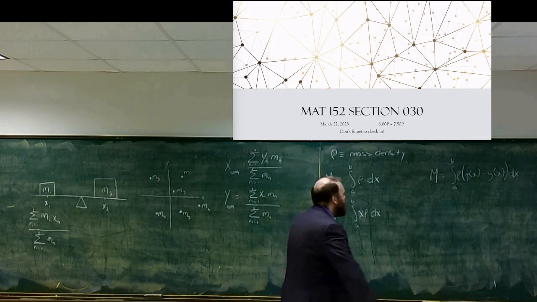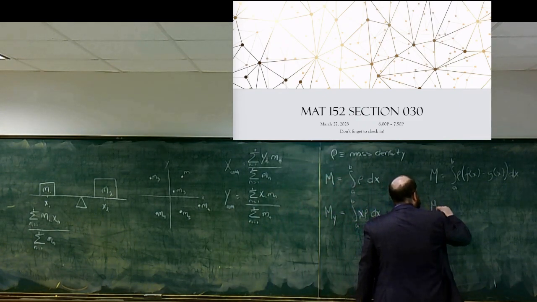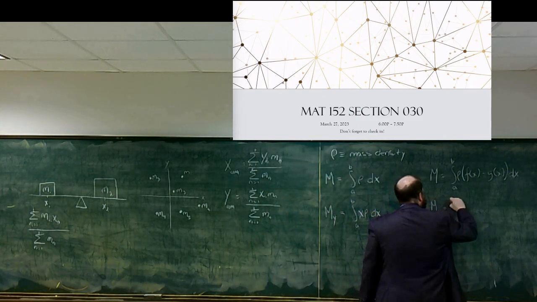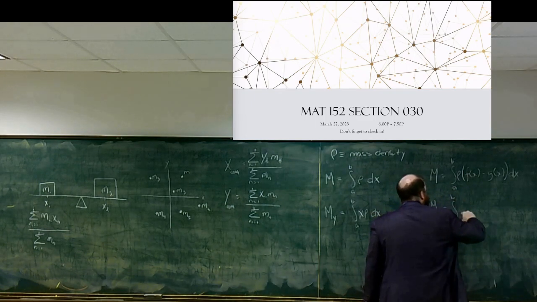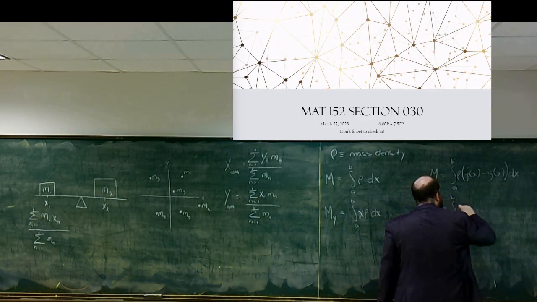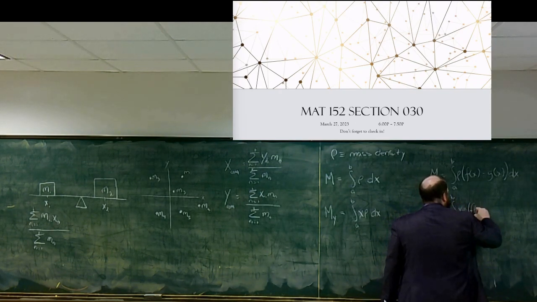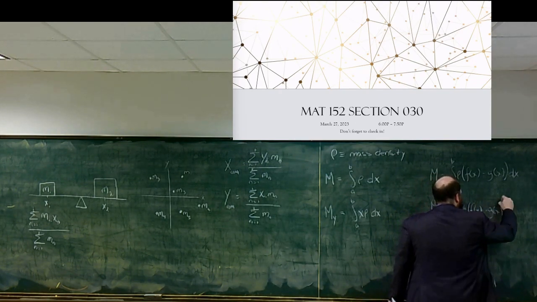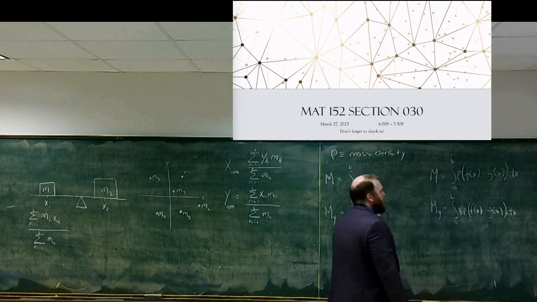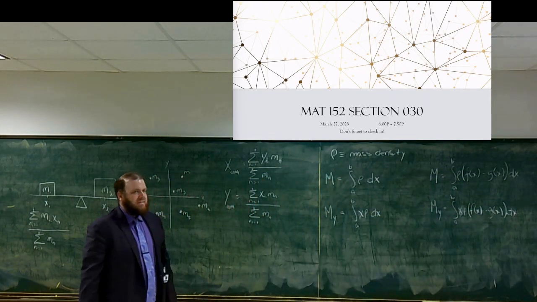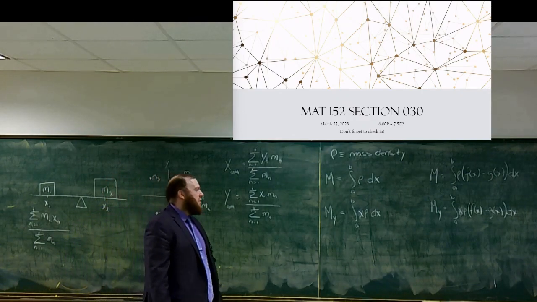The y moment is x times rho, then times the difference. It's the x moment that's a problem.